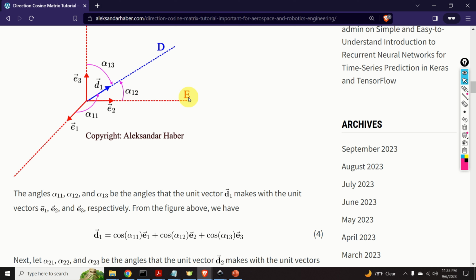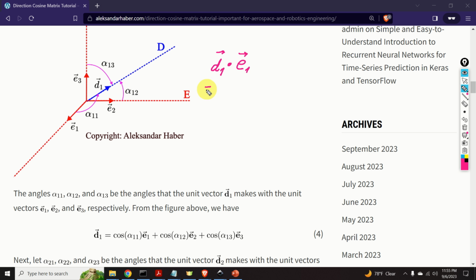For example, this projection over here is obtained by scalarly multiplying the unit vector D1 with the unit vector E1.